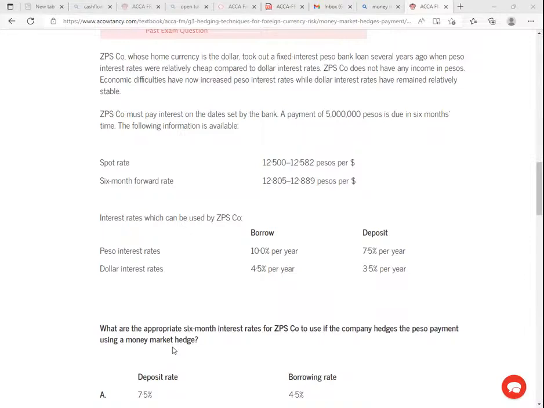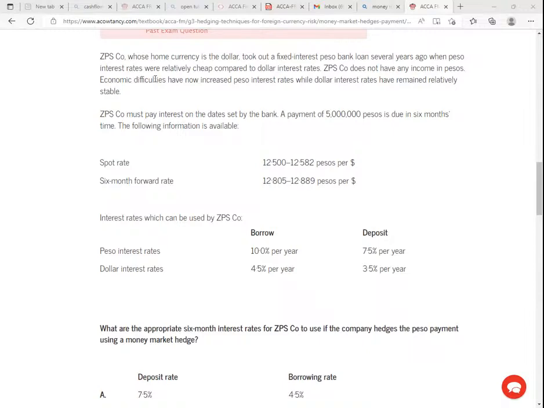ZPS company, whose home currency is the dollar, took out a fixed interest rate peso loan several years ago, when peso interest rates were relatively cheap compared to dollar interest rates. ZPS company does not have any income in pesos. Economic difficulties have now increased peso interest rates, while dollar interest rates have remained relatively stable.